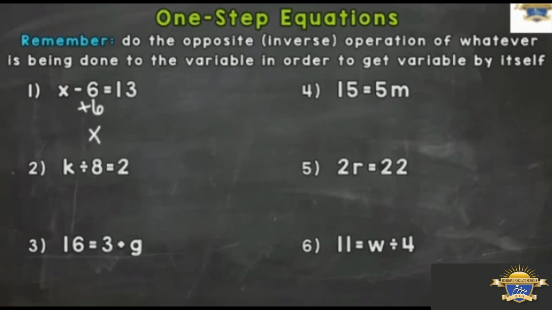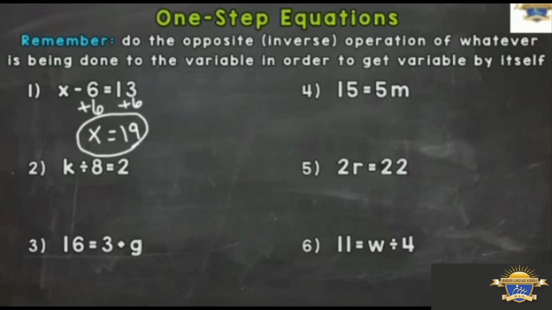Now, in order to keep that equation balanced, we have to do the same thing to both sides. Whatever you do to one side, you have to do to the other. So we added 6 to the left side, so we need to add 6 to the right side.